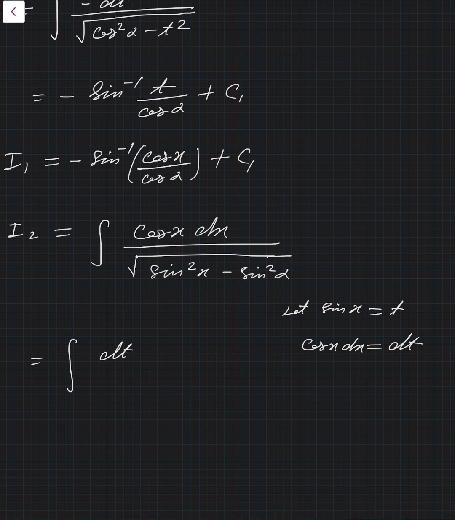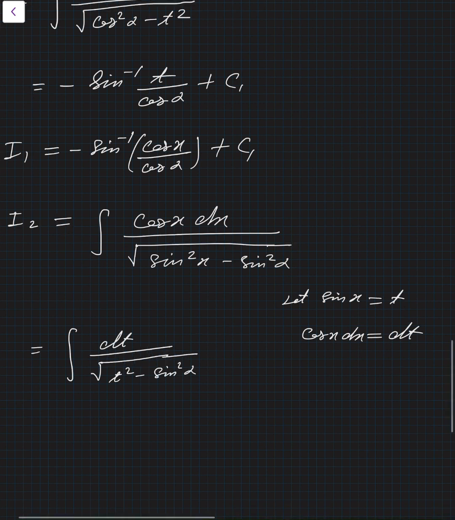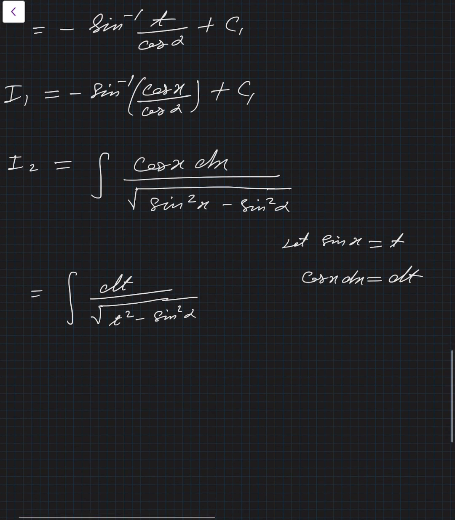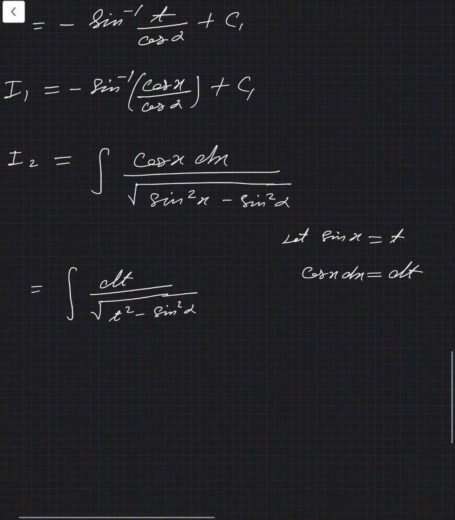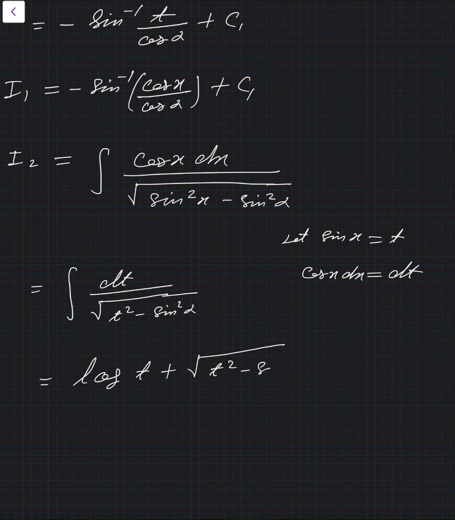So dt divided by t square minus, okay. So simply here that one is written as log of t plus under root, plus c2.